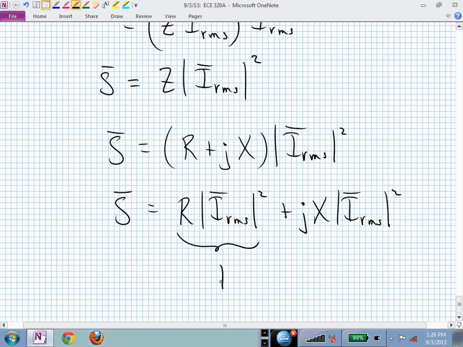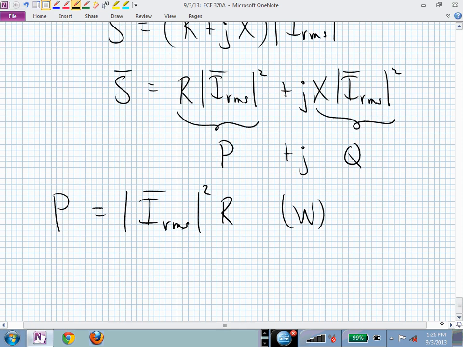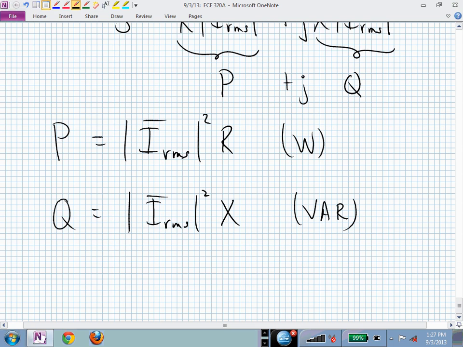Meaning this is now P plus J, and this is now Q. And that allows us to say that the real power P, if we know the equivalent impedance, it has a real part, then we can use that to find the real power if we know the current through that device, and we know the reactive power if we know the reactance, X.